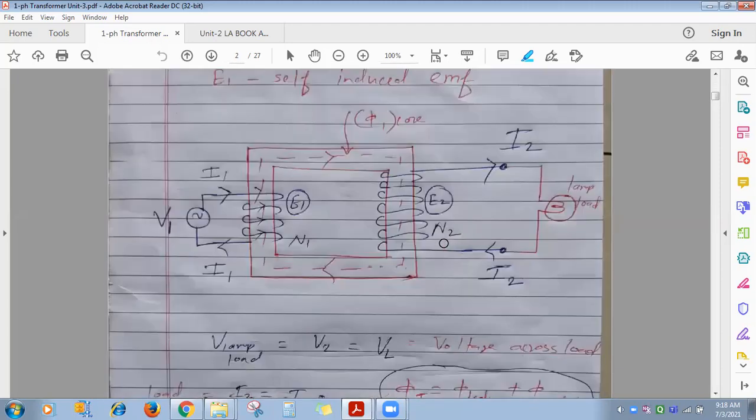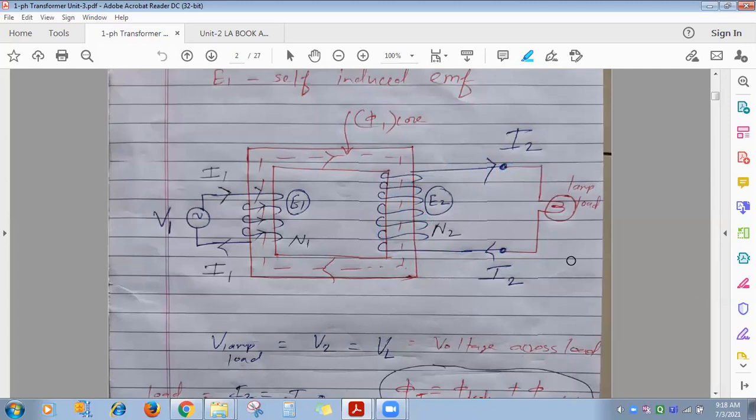Okay. Now what is happening? See, connect some load across secondary. What have I connected across secondary? One lamp I have connected. So now the moment I connect the lamp here, is the circuit on the secondary side closed or not? Yes, ma'am, closed. Correct, it is closed, means EMF already got induced E2 and now the circuit is closed. So will current flow through the secondary winding and lamp?